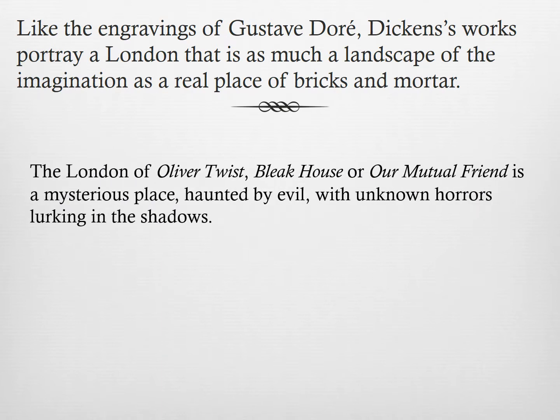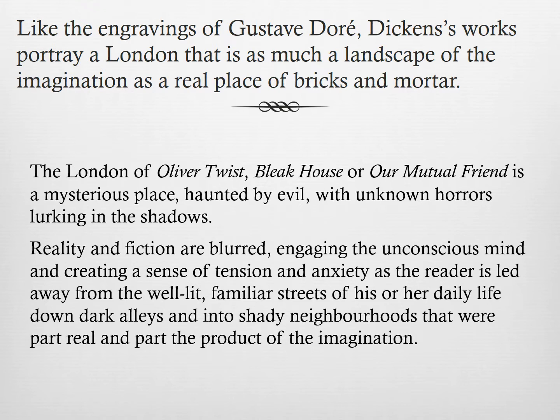And when we look at the London of Oliver Twist or Bleak House or Our Mutual Friend, it's that kind of place that we imagine. Those kinds of streets with those kinds of people in them. And in the shadows, there are who knows what horrors, who knows what terrible things are in the shadows. Reality becomes mixed in with fiction.